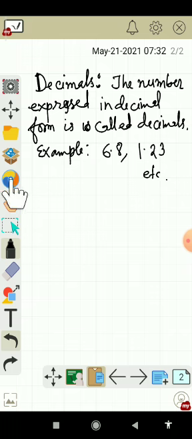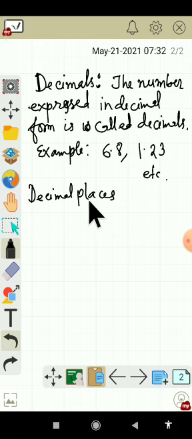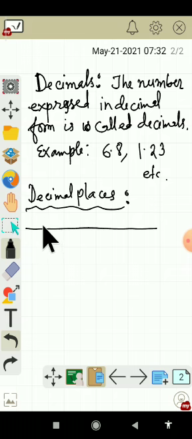And now decimal places. What are decimal places? We have to draw the place value chart.